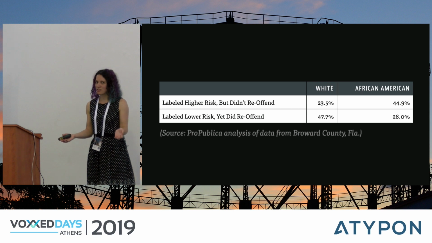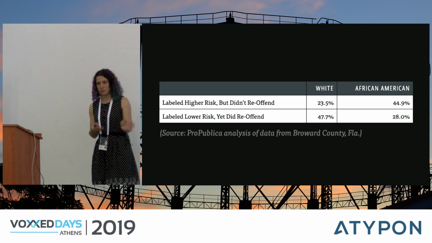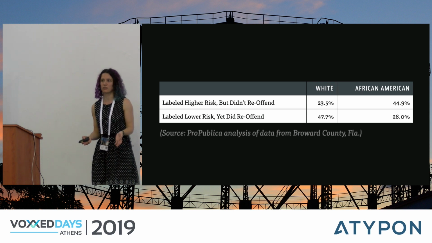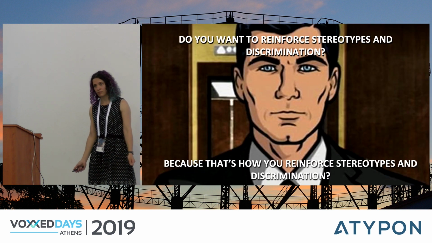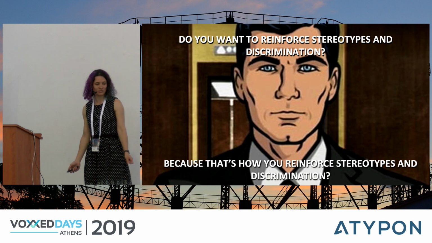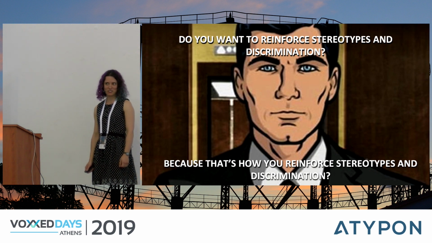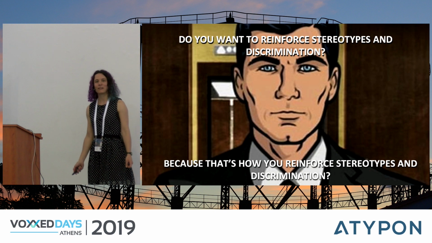And it's not so accidental, because really this is not dissimilar to how humans make mistakes. And because we've trained this on historical data, we're probably going to end up automating the same problem which we had before. And that's what happened. As always, I think the meme says it all. Do you want to reinforce stereotypes and discrimination? Because that's how.